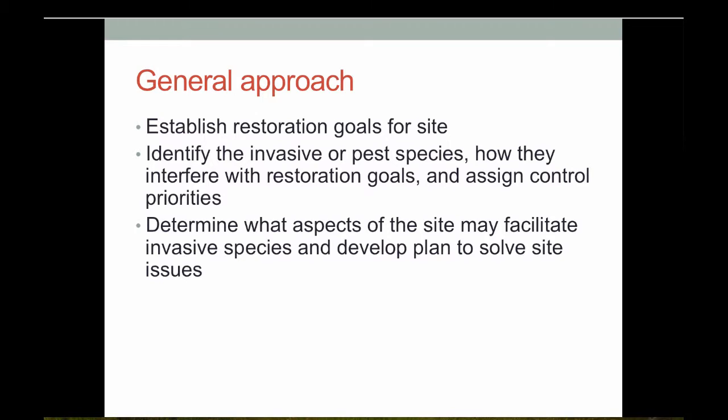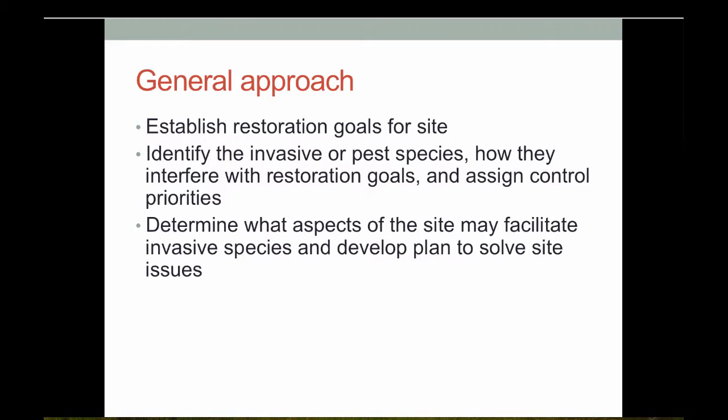So another example might be, how do you deal with non-native species in a tallgrass prairie restoration where you're trying to eradicate or remove those non-native cool season grasses, but you want to favor your warm season tallgrass prairie species, both grasses and forbs.